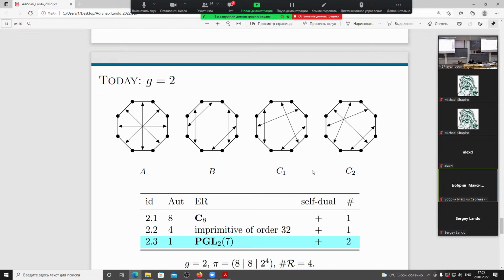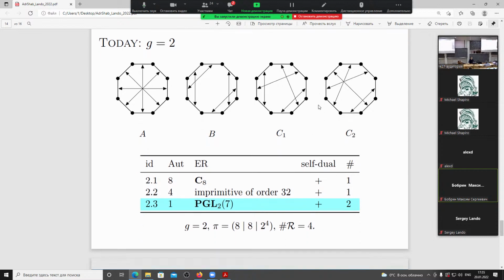So now I would like to tell something about genus 3, and so let's make some summary of what we talked about today about genus 2. We talked about 4 descents, and here's the table.